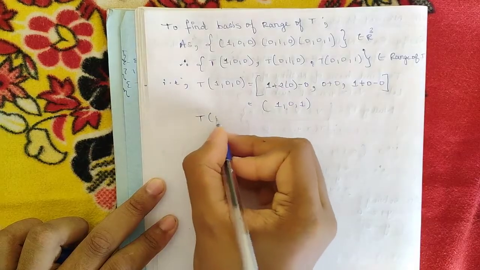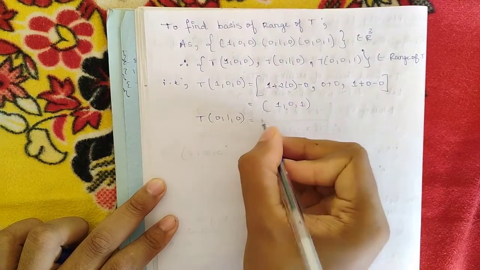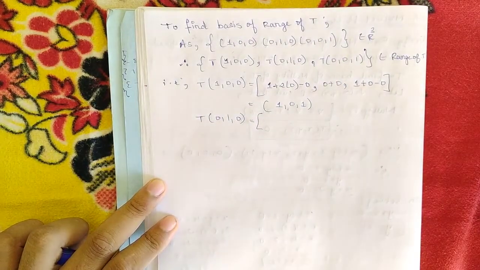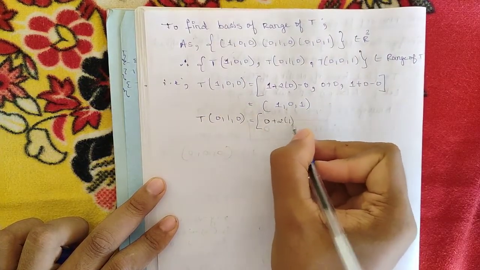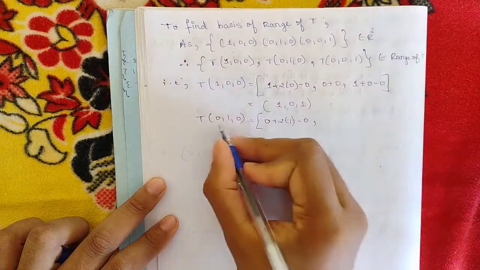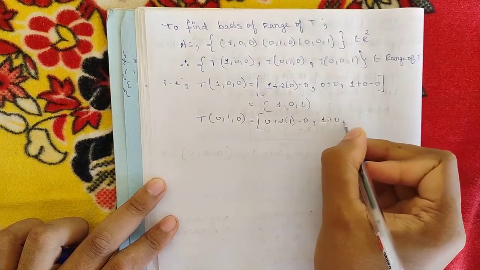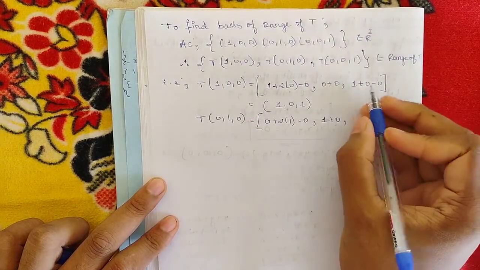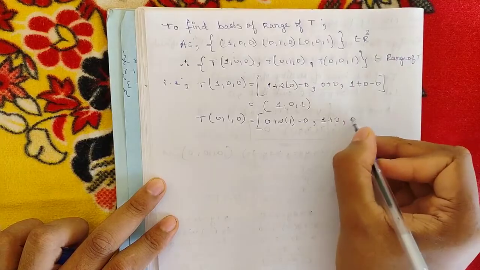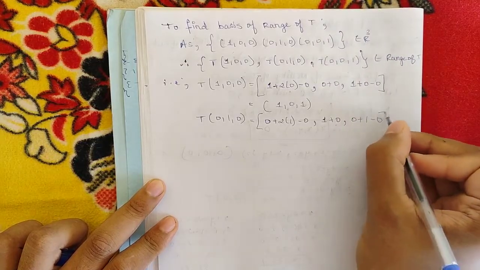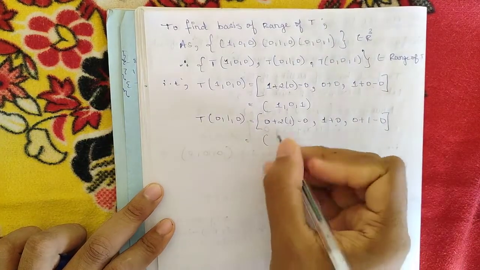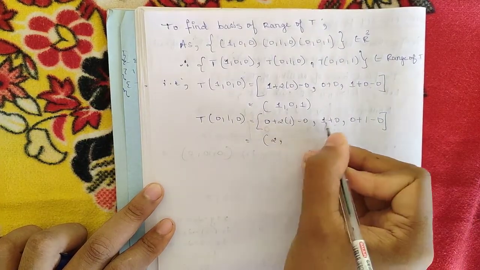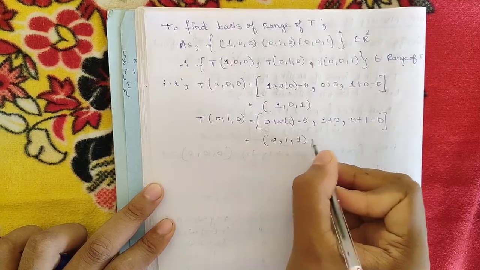Similarly for T of 0 1 0, again x plus 2y minus z, so 0 plus 2 into 1 minus 0, comma y plus z, that is 1 plus 0, and x plus y minus 2z, that is 0 plus 1 minus 2 into 0, that is 0 itself. So here we will be getting 2 1 1.